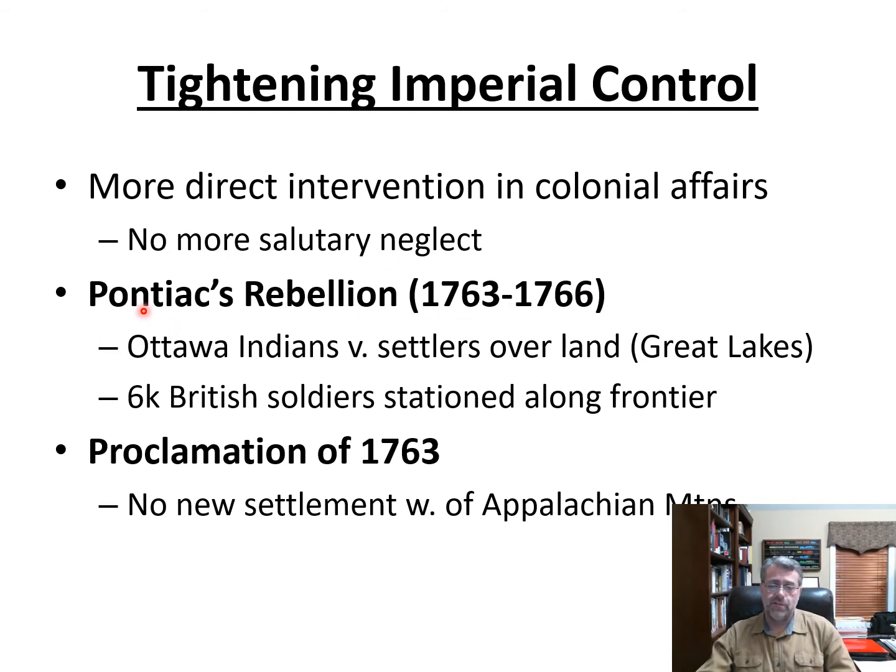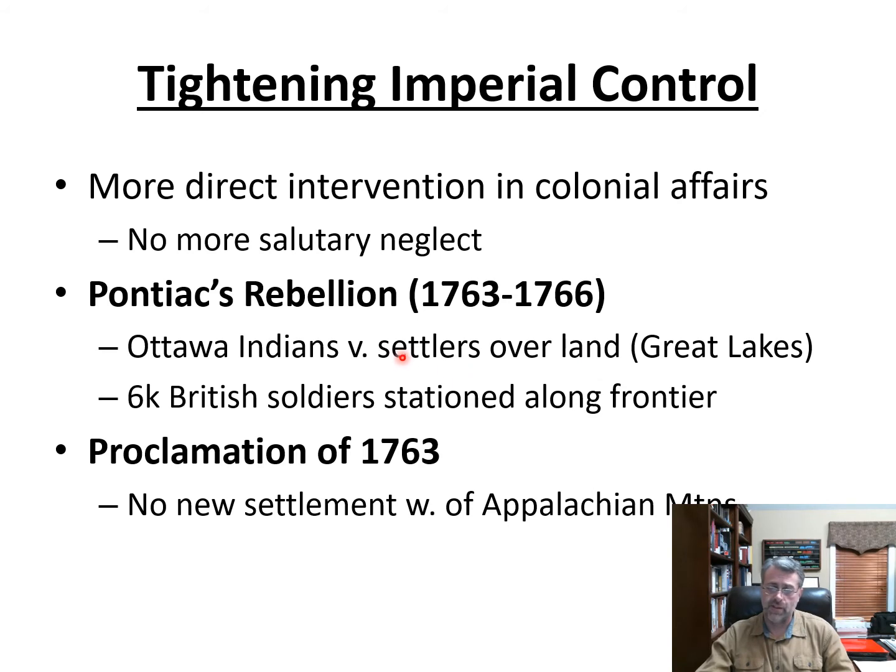No sooner does the fighting in the French and Indian War cease when England is going to be faced with a new conflict on the frontier, Pontiac's Rebellion, and it begins in 1763. Again, this is the year that the French and Indian War ends. We're going to have another conflict on the frontier, and in this case, it's an old story: Indians versus settlers over land.